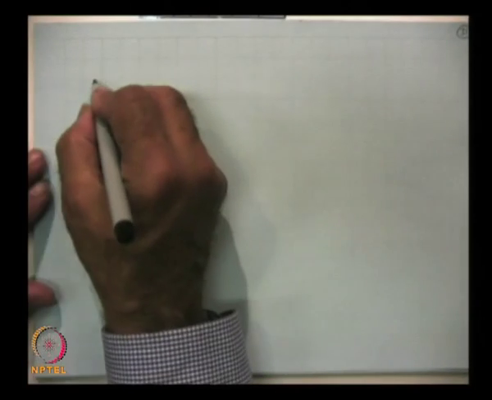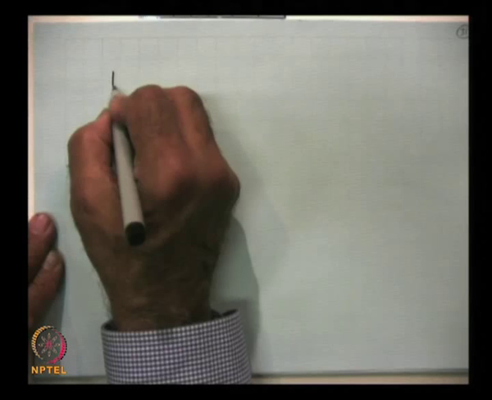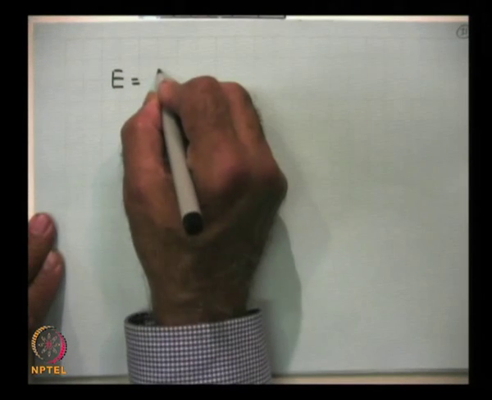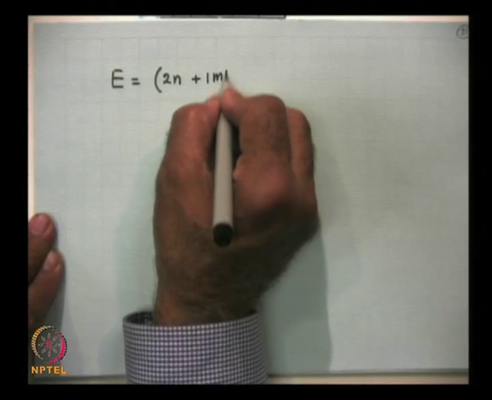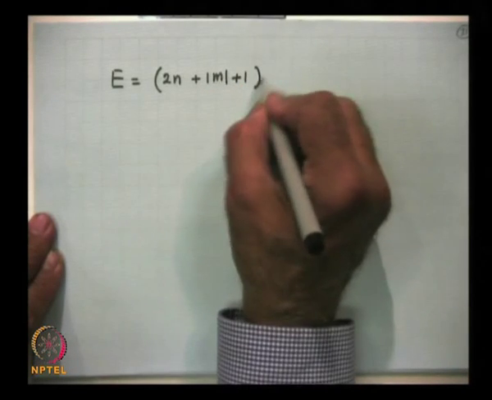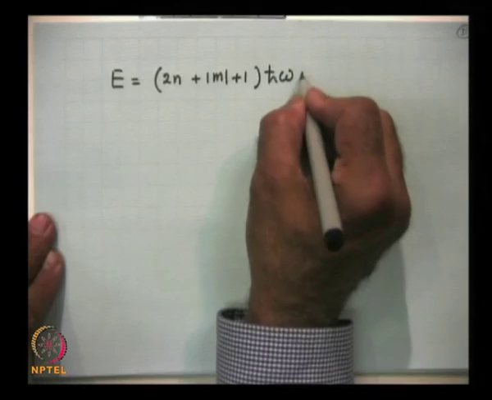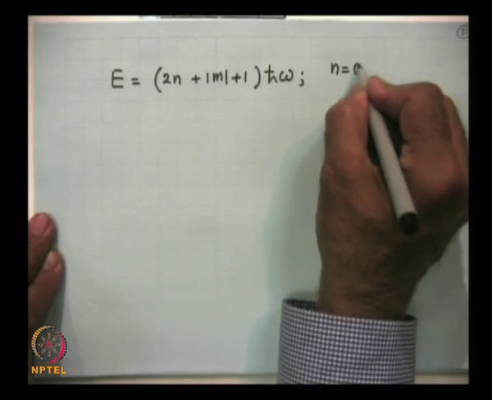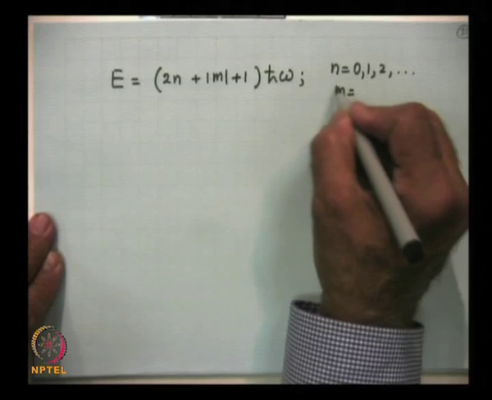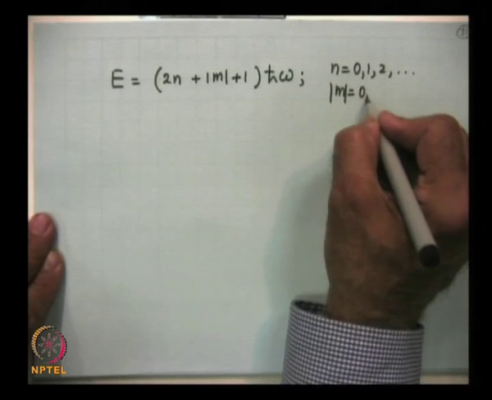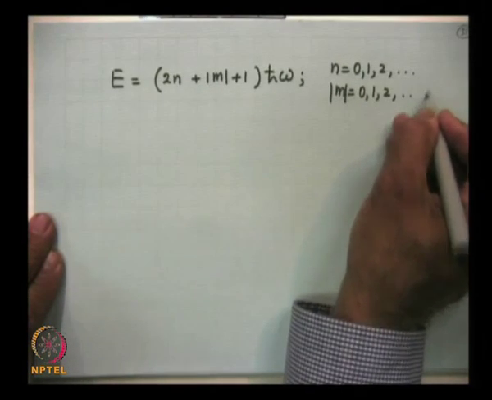So, the final energy eigenvalues will be E is equal to (2n plus |m| plus 1) h cross omega, where n is equal to 0, 1, 2, 3, and |m| is 0, 1, 2, 3, etc.